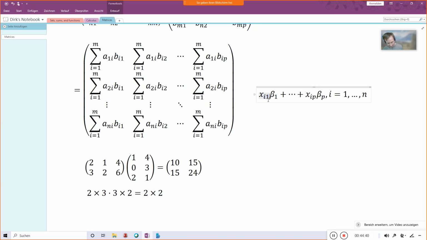So that's where for us matrix multiplication will be most important.